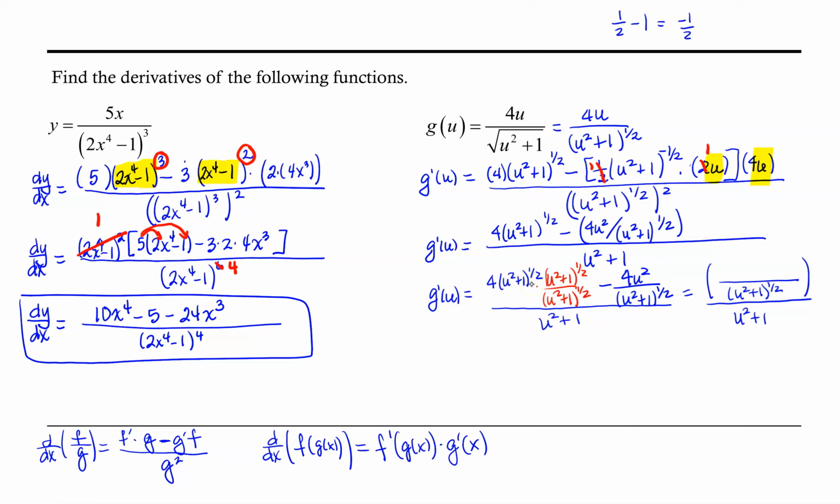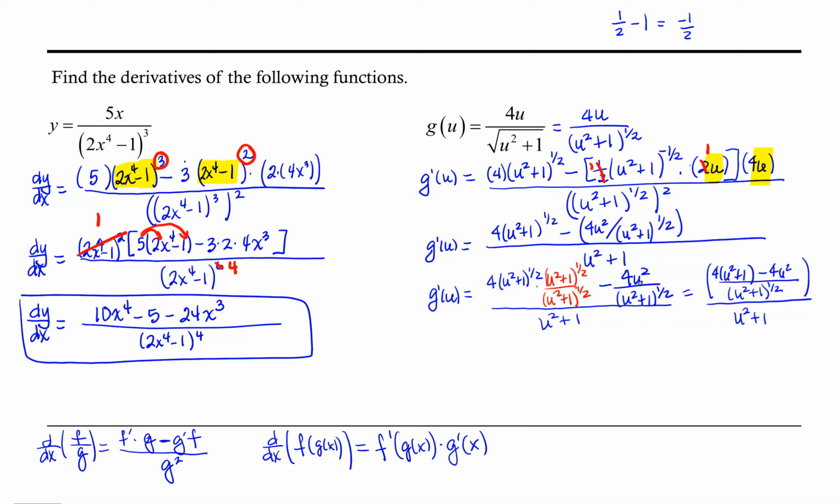So u squared plus 1 to the 1/2 power, square root of u squared plus 1 times square root of u squared plus 1, that's going to give us u squared plus 1. So we have 4 times u squared plus 1 from our left-hand term minus 4u squared.